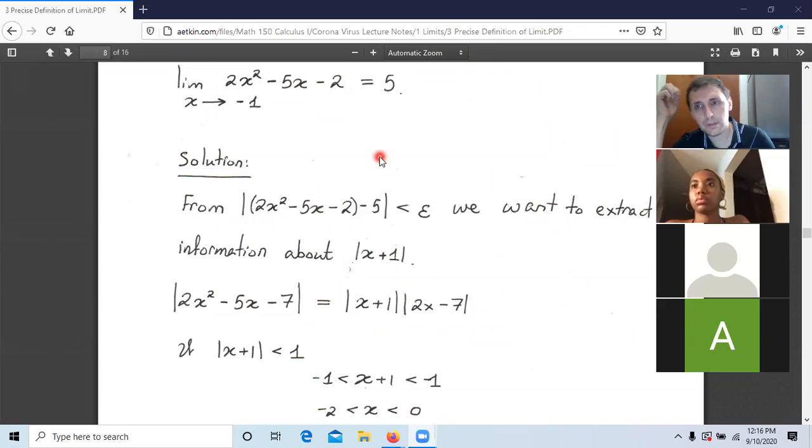So I'm a plumber. I came to your house and I said, absolute value of x plus 1 less than 1. What do I really mean? I'm just weird, a strange plumber, and I said that. But what did I mean?